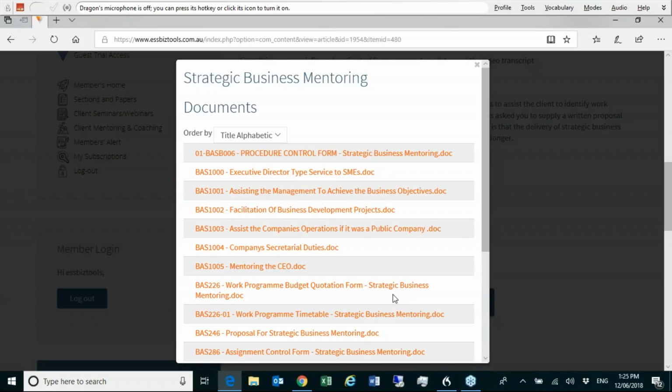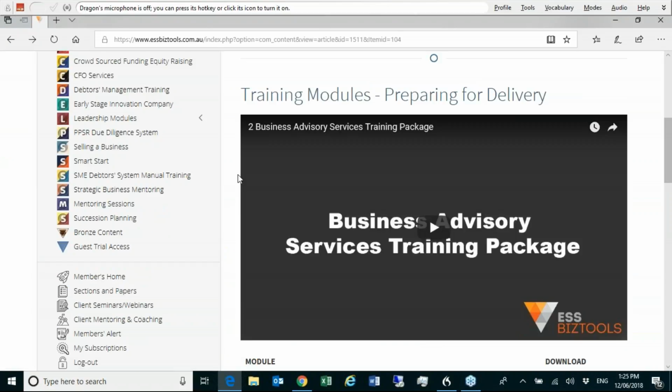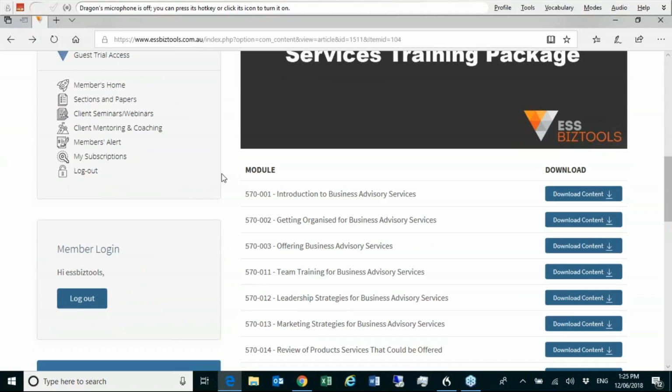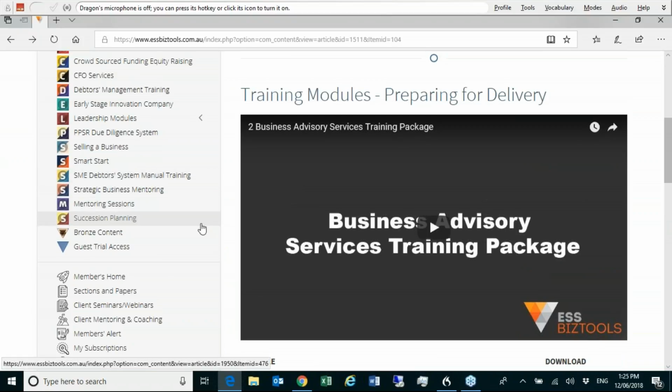And it's looking at some more advanced services like executive director type services, assisting the CEO or general manager to achieve the business's vision, looking at company secretary duties, mentoring the CEO. So that type of work that many of your clients are going to be looking for, especially the clients who have turnovers of over $2.5 million. Many of them could be interested in that type of work.